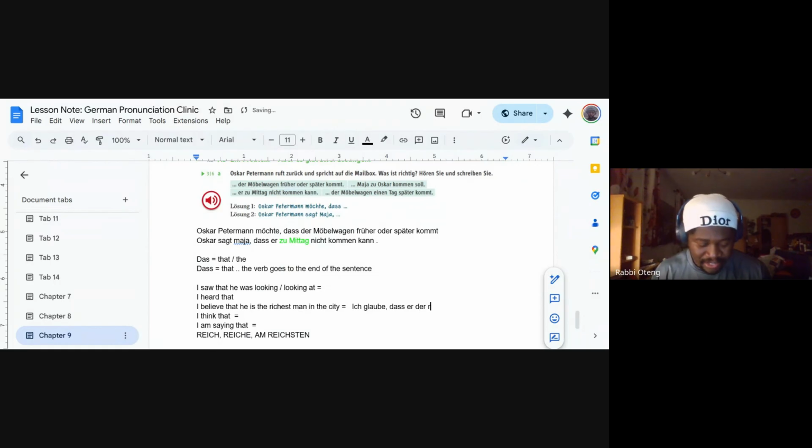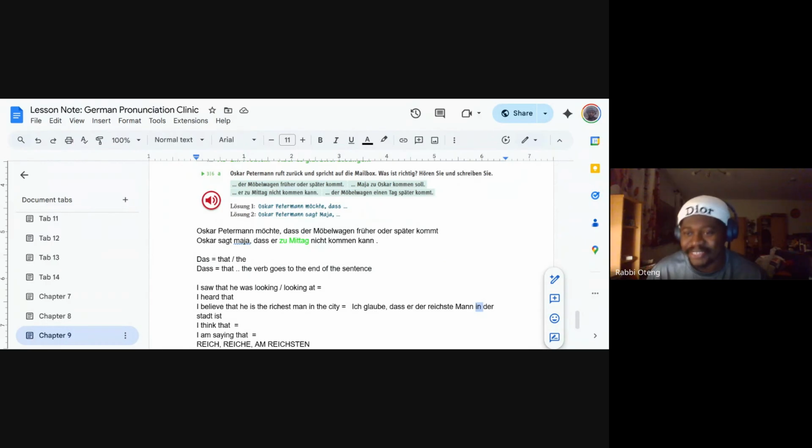der reichste Mann in der Stadt ist. Okay. So you can just ignore this "in" and just use the genitive. Ich glaube, dass er der reichste Mann der Stadt ist.